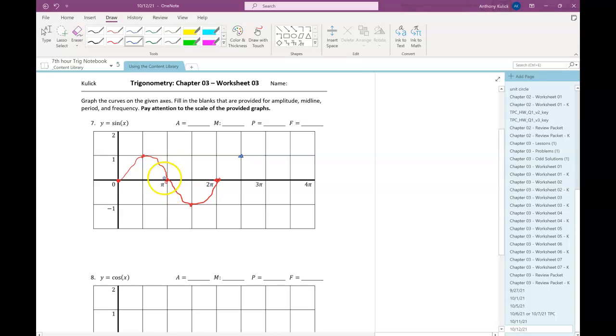And then going from there, I go back down to there. And then from there, I'm going down to there. And then once I'm there, I go back up. So then I have another period. And I should do the same thing in the other direction. Is that okay? Yeah.